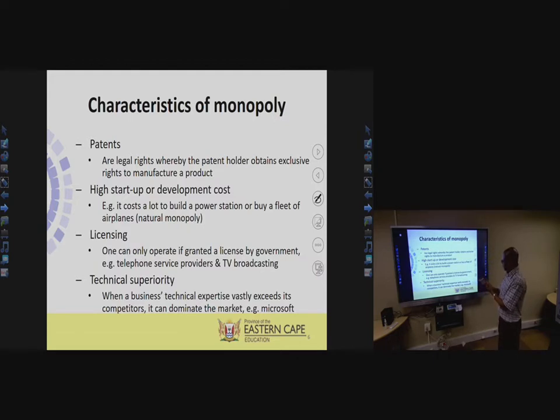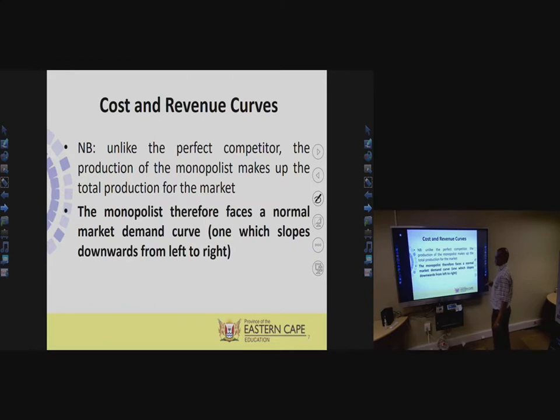There are few firms which can compete with Microsoft, because Microsoft has expertise in manufacturing computers and basically in getting the best software for the computers. There are no other people who are able to build such complicated software like Microsoft. As a result, Microsoft is the only industry dominating that particular market.